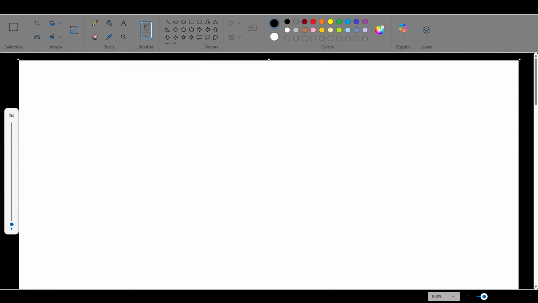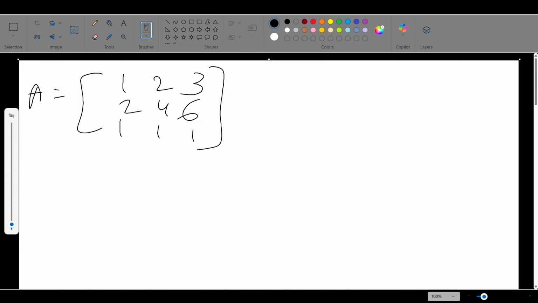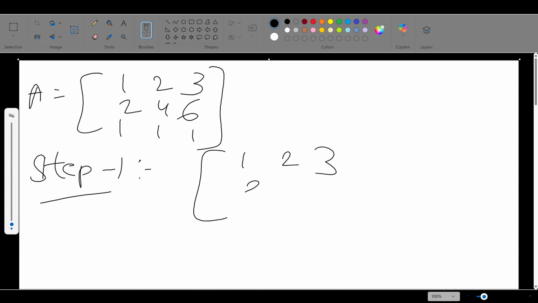Let's take one example: 1 2 3, 2 4 6, 1 1 1. Let's take this matrix. Step 1: write the matrix. Our matrix is this, right? 1 2 3, 2 4 6, 1 1 1.